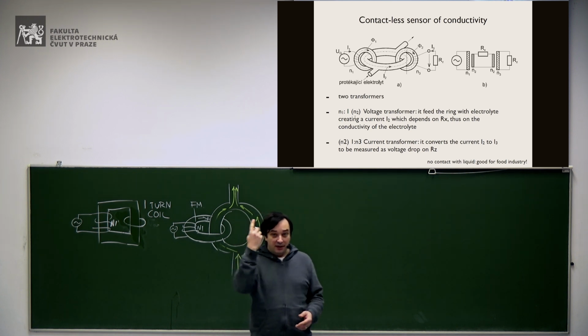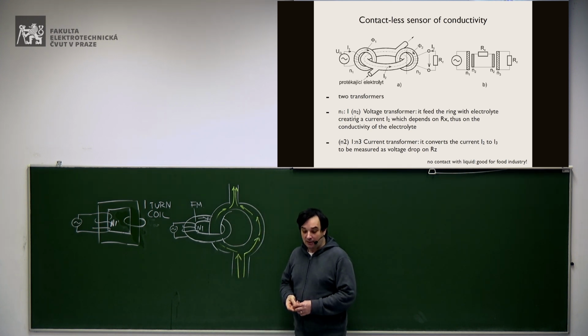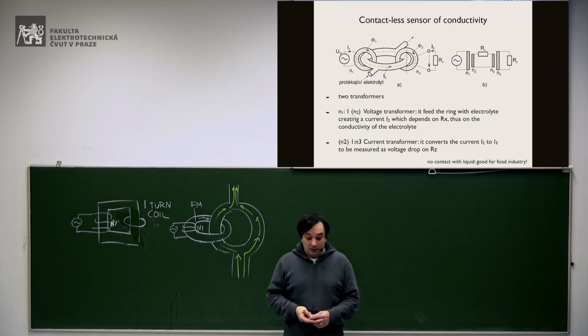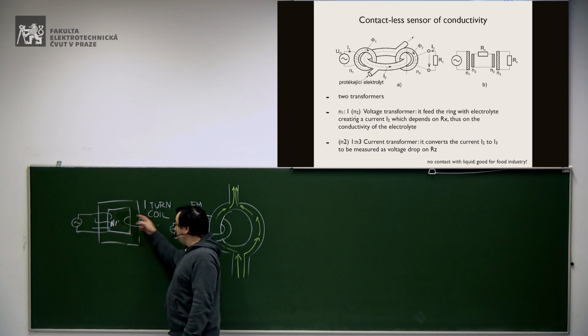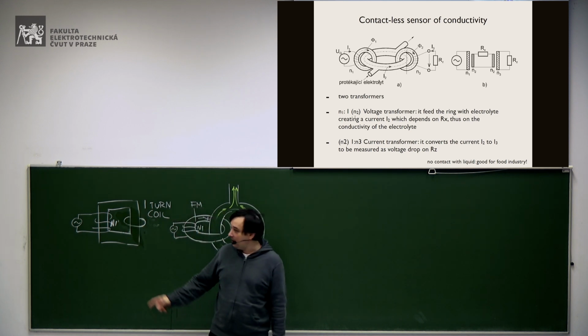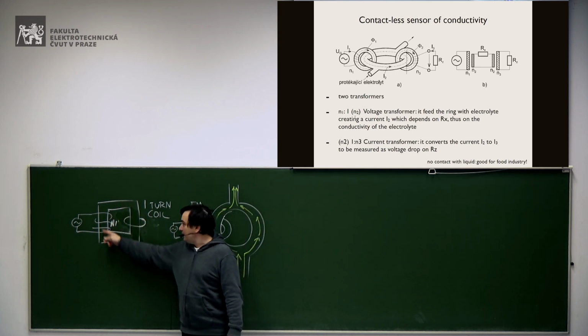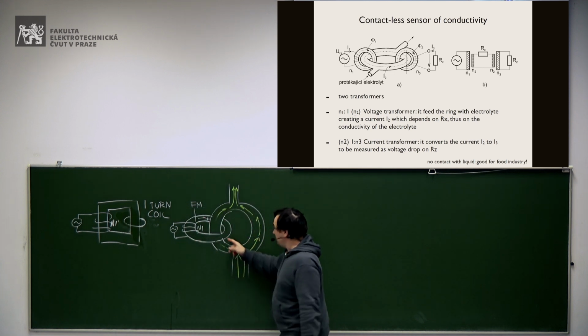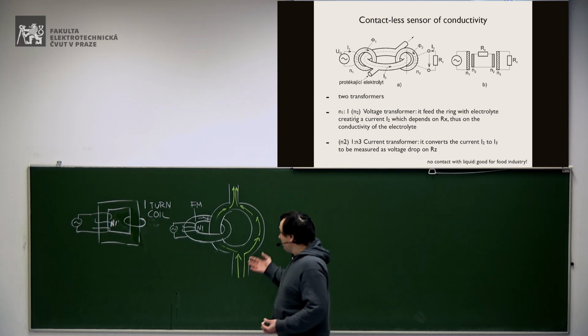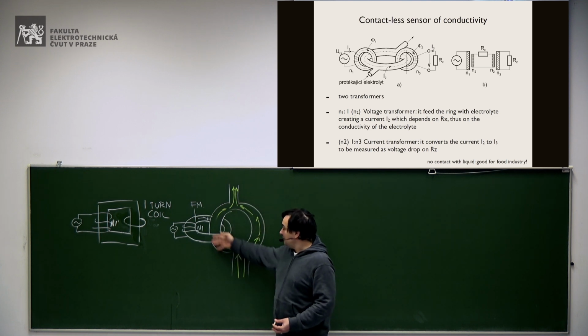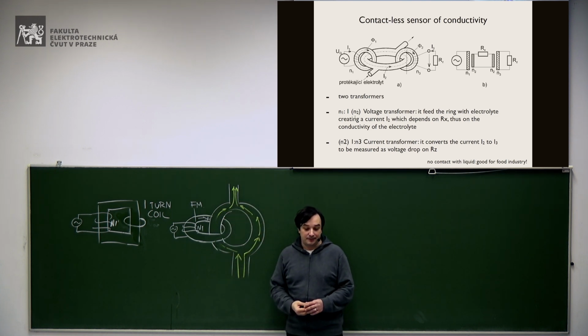So N2 is 1, okay? Here we have a transformer where we induce a ferromagnetic flux in this core, which is equivalent to this ring, and then we create a current at the secondary coil, and the secondary coil, as a matter of fact, is just this ring of electrolyte.